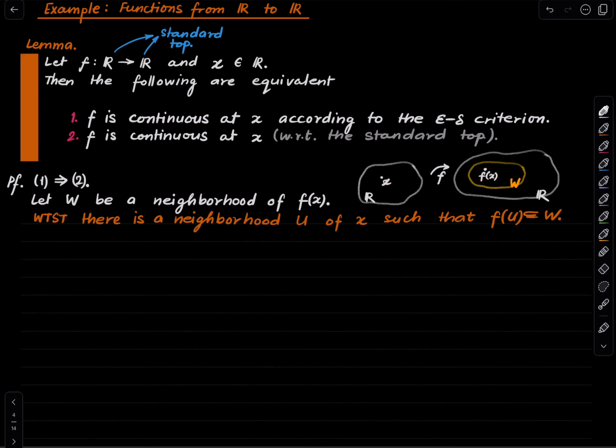Okay, but what does it mean to say that W is a neighborhood of f(x)? It just means W is open under the standard topology. By definition of the standard topology, we choose epsilon greater than 0 such that this whole open interval is contained in W. Since W is an open set in the standard topology, such an epsilon must exist.